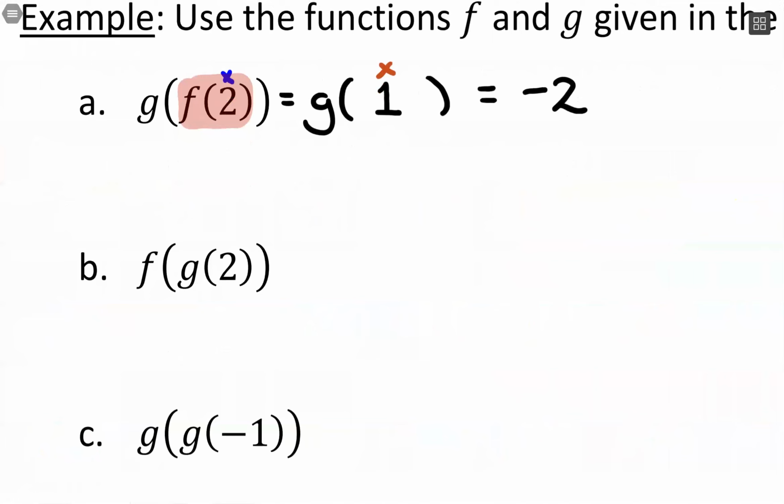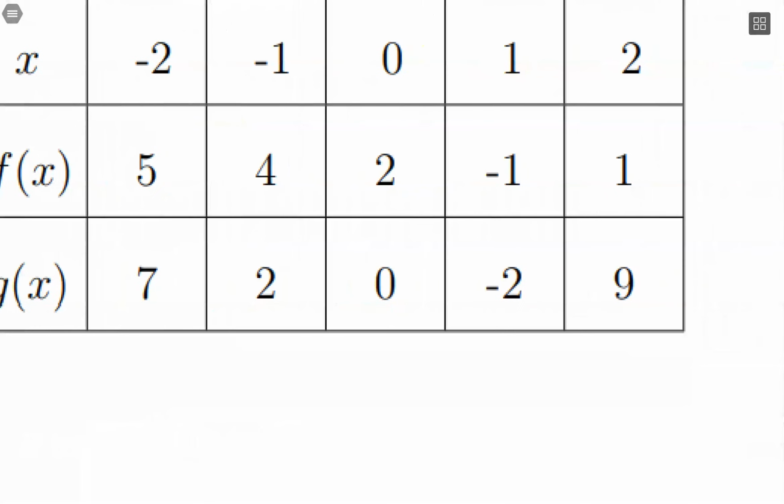So f of g of 2, we're looking at x equals 2, and I want to see what the output for g of 2 is. I'm going to get the outside function structure going with f of, but then for g of 2, I go to x equals positive 2, and I want the output for g of x, which is that positive 9. So I'm looking at f of 9.